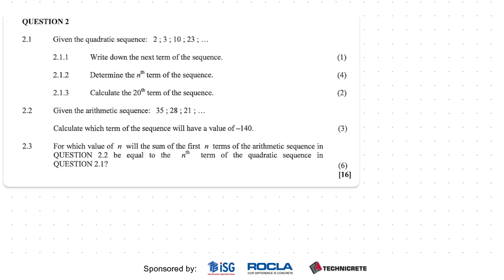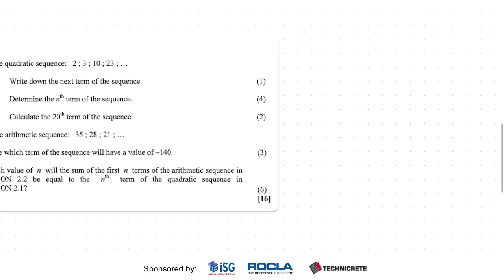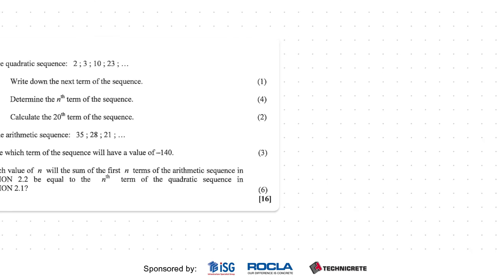It's not given to us, so you gotta know it. It's not given in the formula sheet. But I'm sure if you've done sequences, you should know this formula. So the nth term is given by this form.